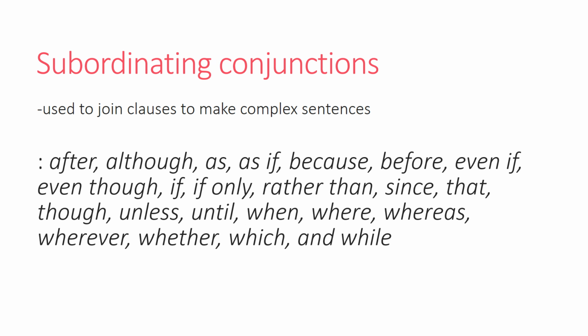Some of the more common subordinating conjunctions are after, although, as if, because, before, even if, even though, if only, rather than, since, that, though, unless, until, when, where, whereas, wherever, whether, which, and while.